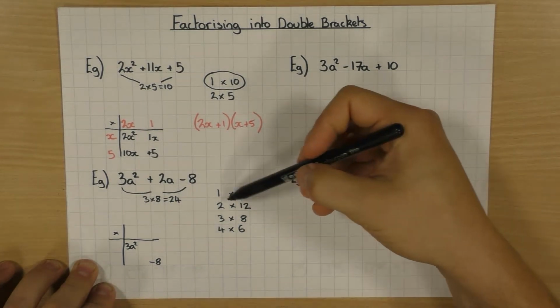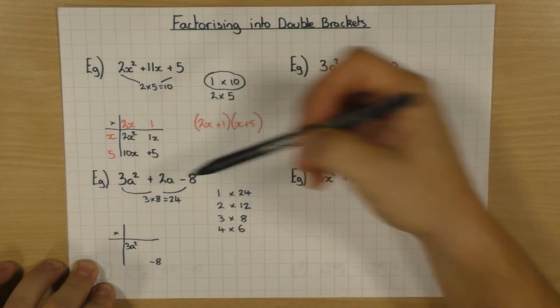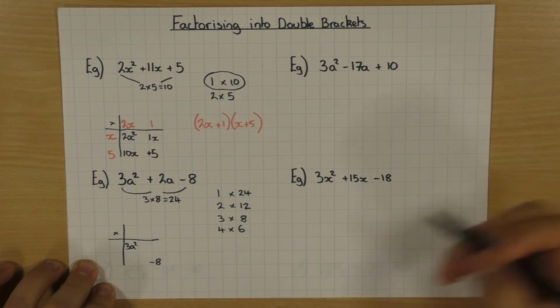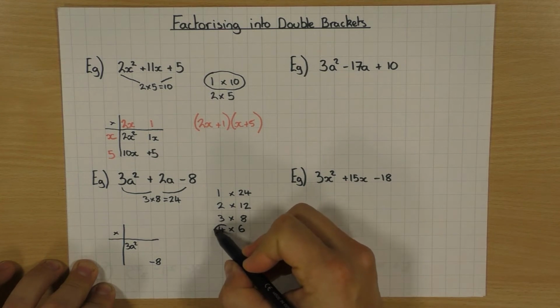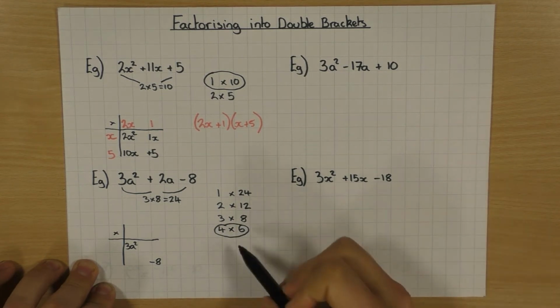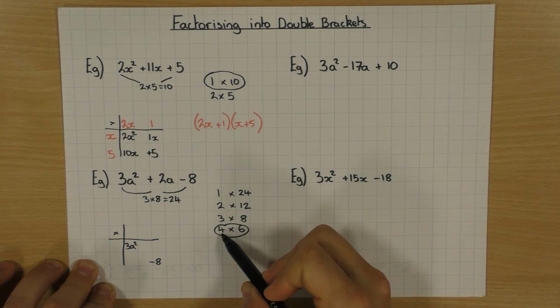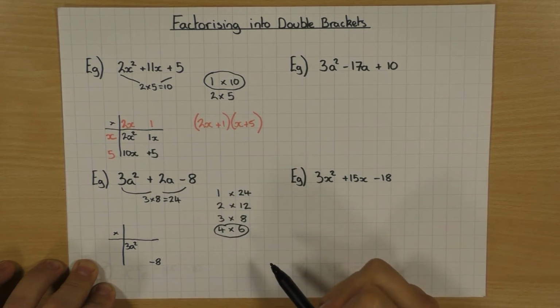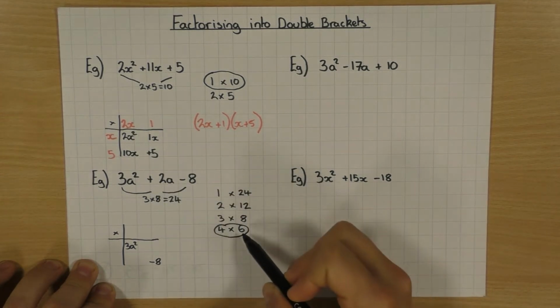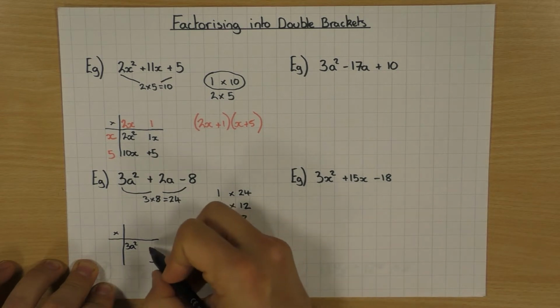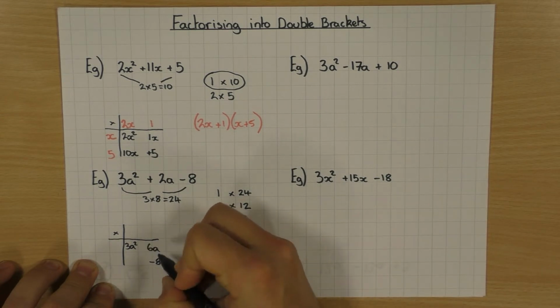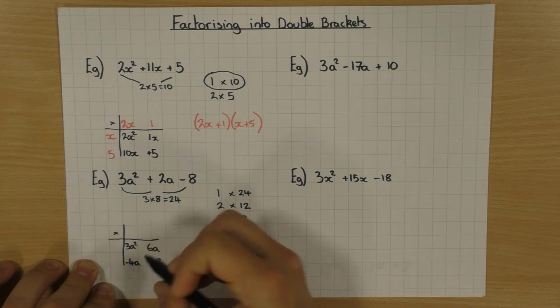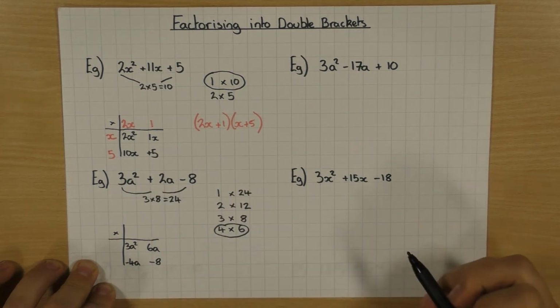Okay, now as soon as you spot a pair that you can use to get 2, obviously you can stop. In this case, we're going to be using 4 and 6. So I can have plus 6, take away 4, will get me 2. So again, it's 2a, so I'm going to have 6a minus 4a. So when I simplify that, I'm going to have my plus 2a.